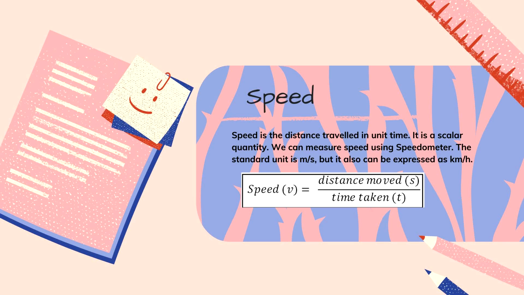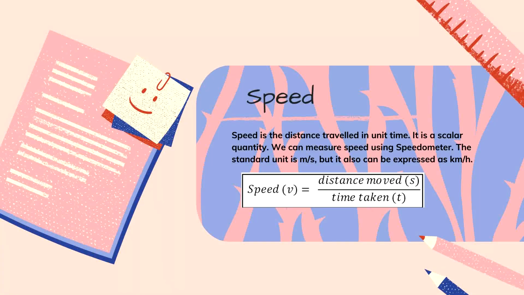The standard unit is meter per second, but it also can be expressed as kilometer per hour. This is the equation of speed. Speed, or the symbol is v, equal distance moved, or s, over time taken, or t.